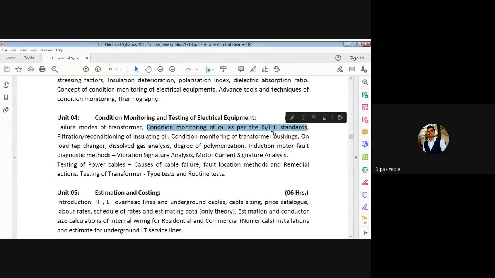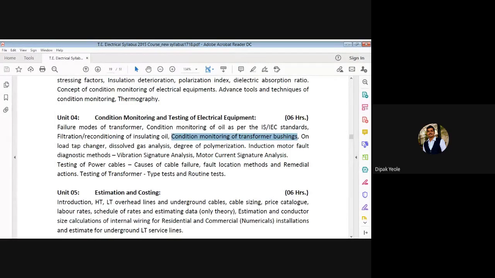At that time, you have to write the name of that filtration or purification system and try to explain that particular point. That is an important concept. This is related to the insulating oil, and now we are interested in the condition monitoring of the transformer bushing. This is today's important part of our syllabus.